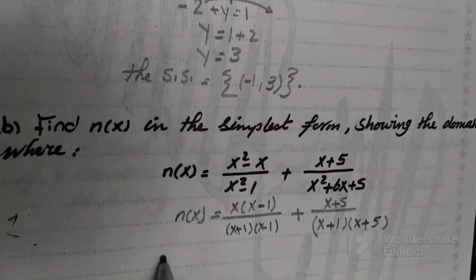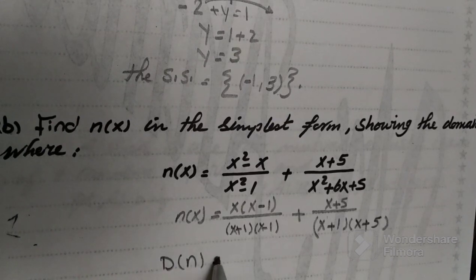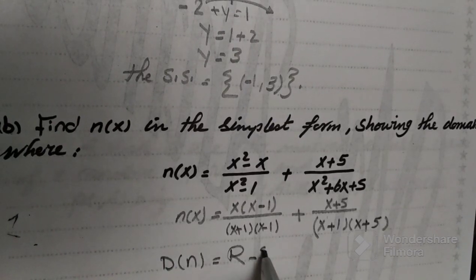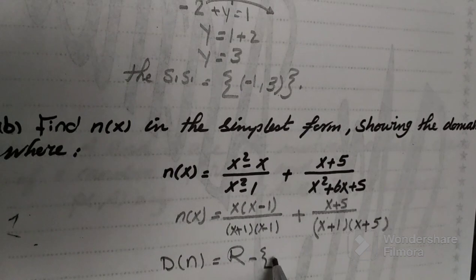The domain of n: x does not equal positive 1, negative 1, negative 1, positive 1, and we will take x plus 5 and negative 5.